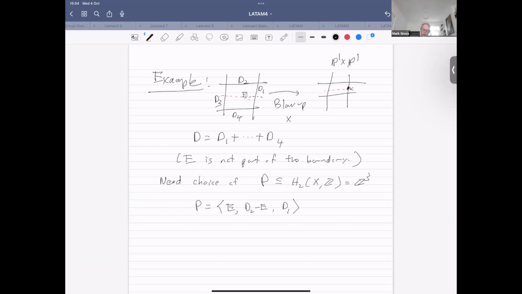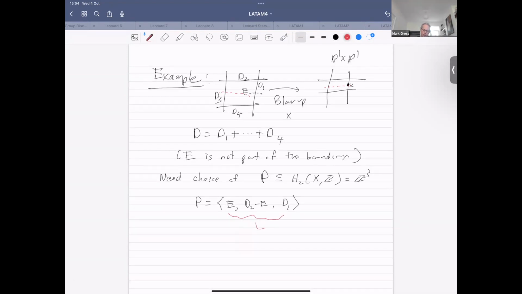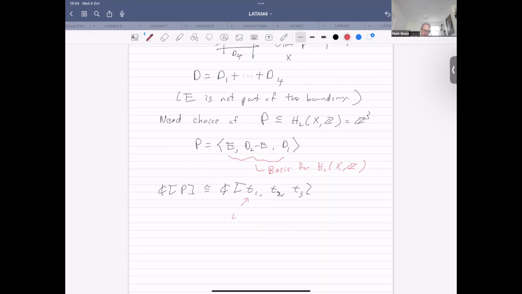Okay, so this is actually a basis for H2 of X, Z. And so the monoid ring C[P] is in fact isomorphic to C[T1, T2, T3], the polynomial ring in 3 variables, where these 3 correspond to t^E, t^(D2 minus E), and t^(D1).